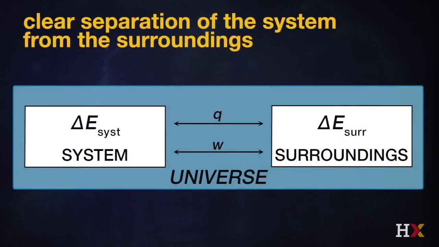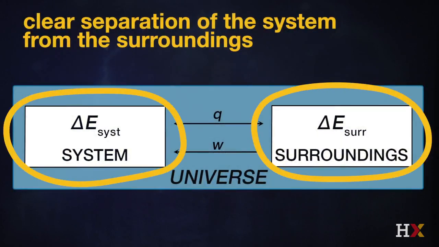And a very important distinction, the first law, is to separate the system from the surroundings. Because if we're going to define the flow, the motion of heat or work, we have to define it carefully through some surface. And that surface, in fact, separates the system from the surroundings.